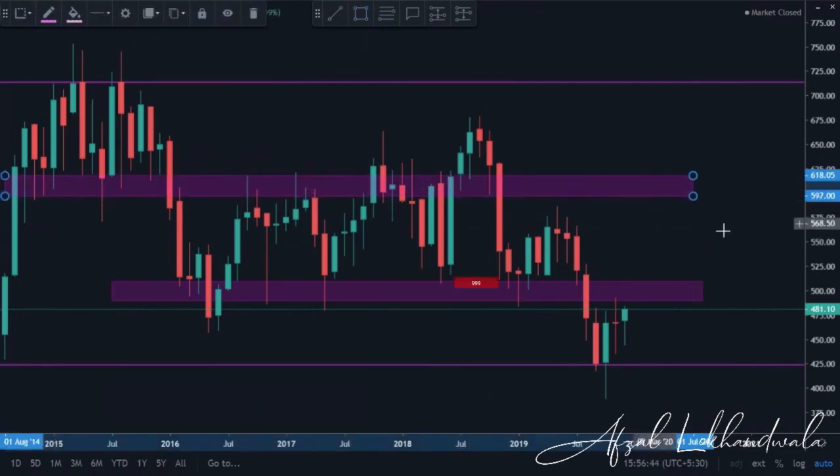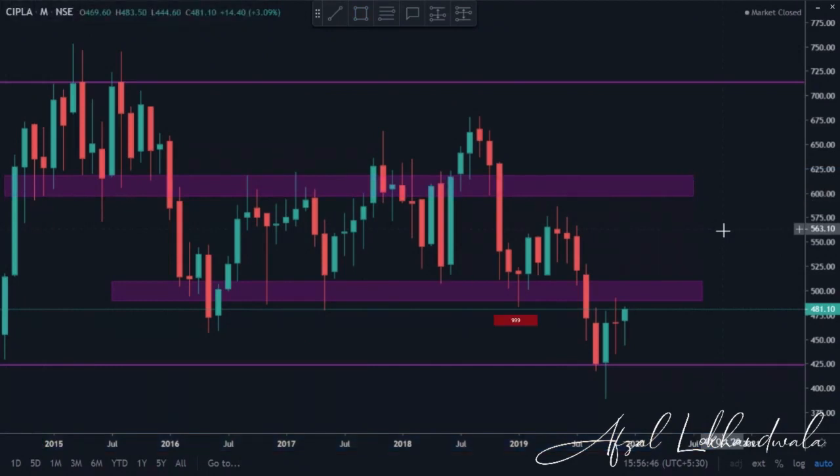Now this rectangle gives a proper picture and all the rejections are adequately covered. This is a very dynamic area. It has acted as support here and it has acted as a resistance here. So now we are done with the monthly analysis.